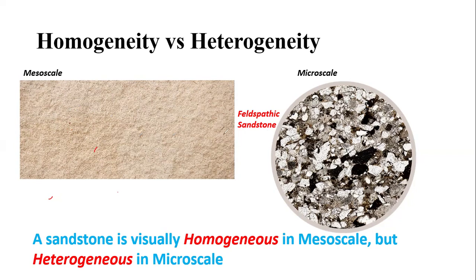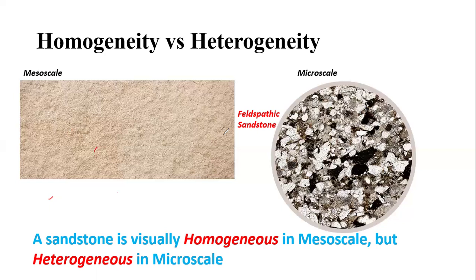Now, as a structural geologist, you need to understand your scale, because a sandstone presented to you under a mesoscale is homogeneous. But when we look at it at the microscale, it seems heterogeneous. You must not look at one particular scale and then draw a conclusion.